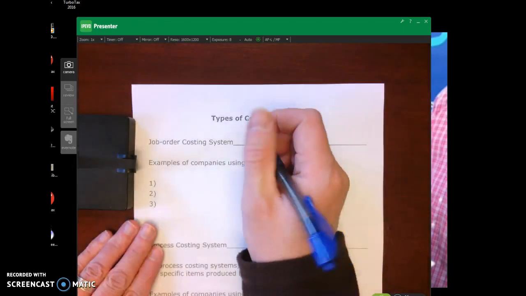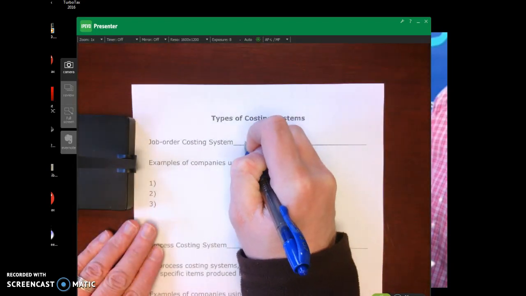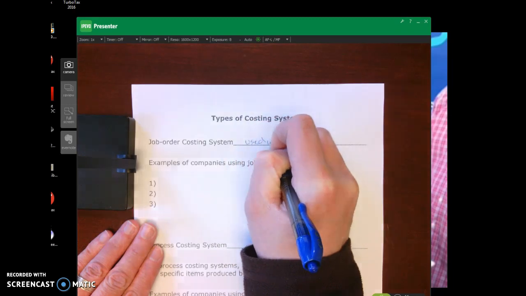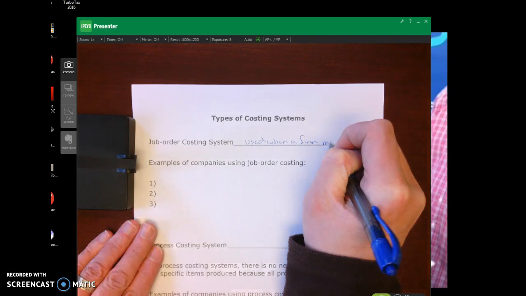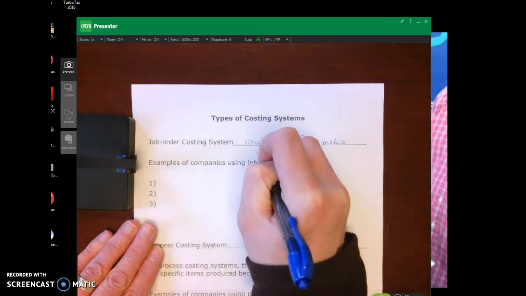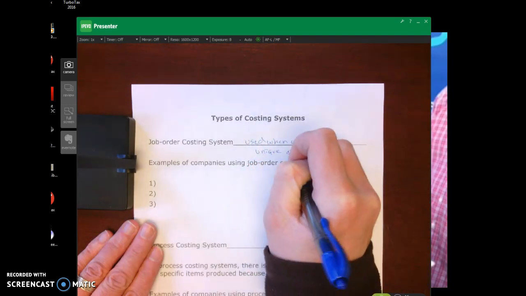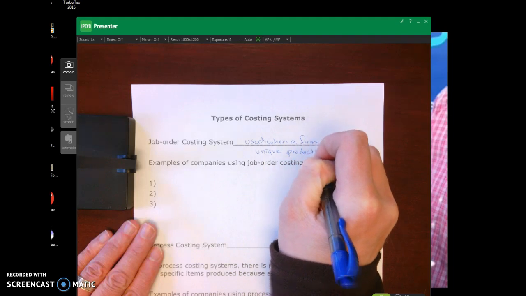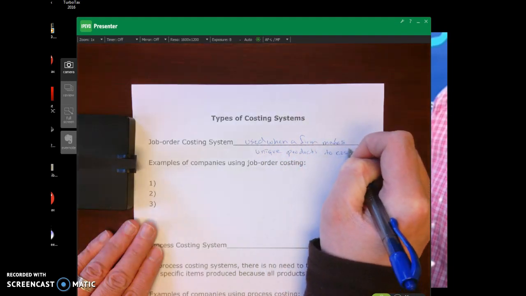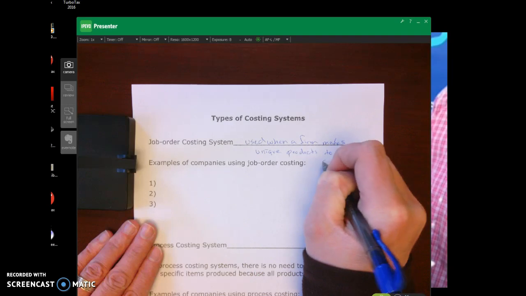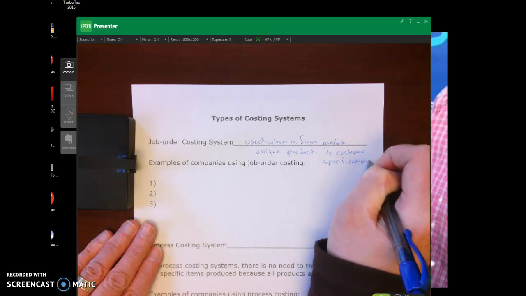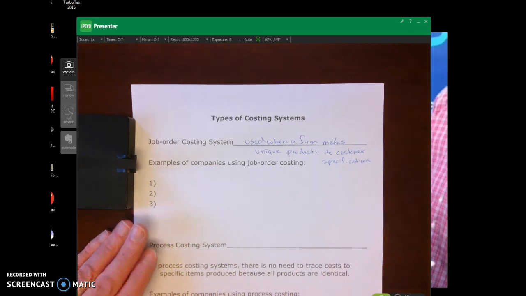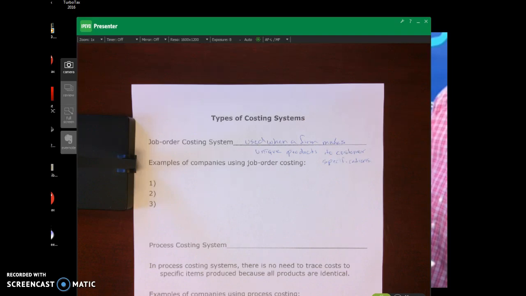The first one is job order costing systems, which is used when a firm makes unique products to customer specifications. Okay? Unique products to customer specifications. Okay, that would be an example of our job order costing.